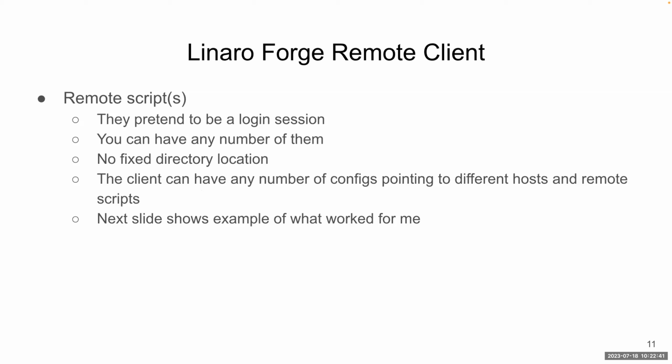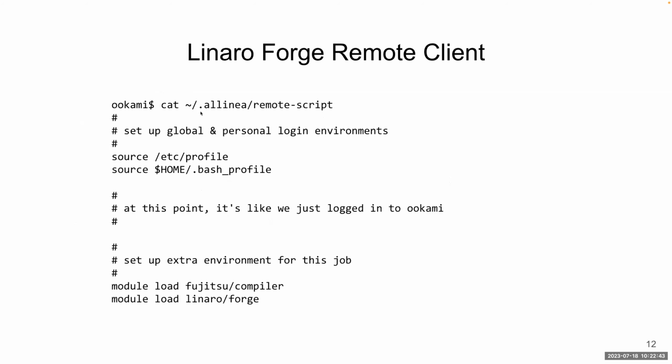So here's what I did and got working. Here's the file that we just referred to a moment or two ago. These first two source commands are basically mimicking an interactive login to Ookami.